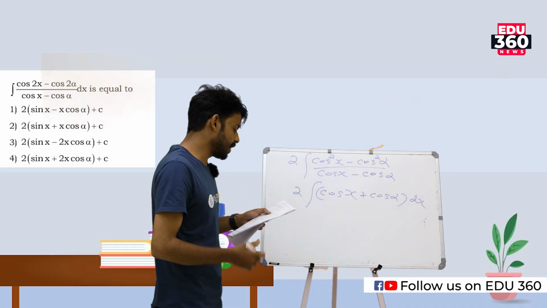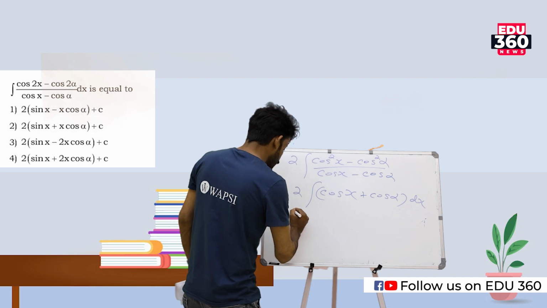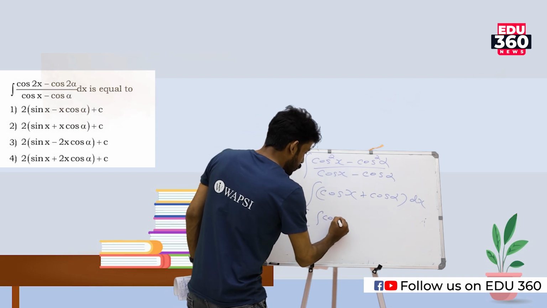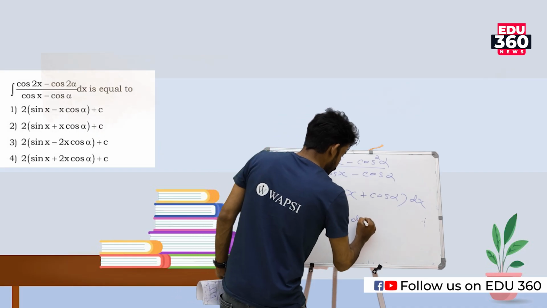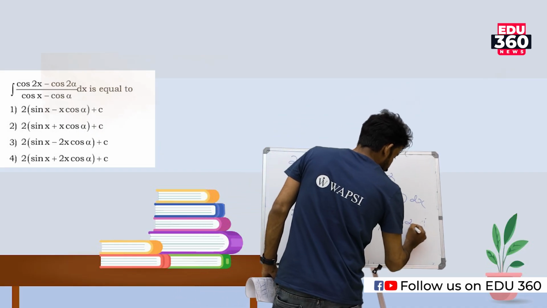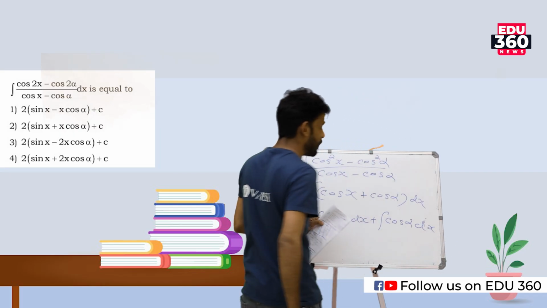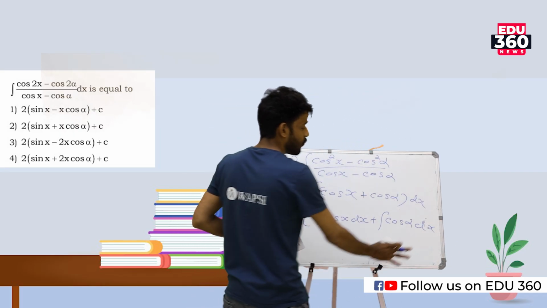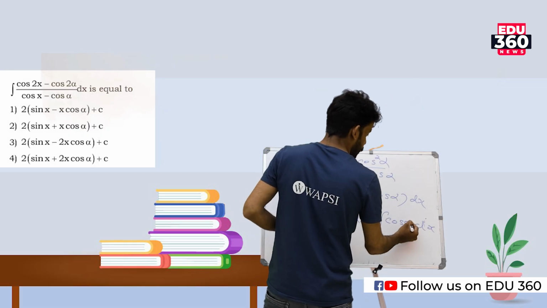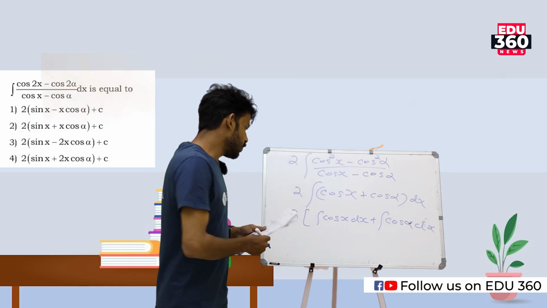Here we can find the integral separately. 2 is common, so 2 into the integral of cos x dx plus the integral of cos alpha dx. It's not cos square, it is cos alpha dx.